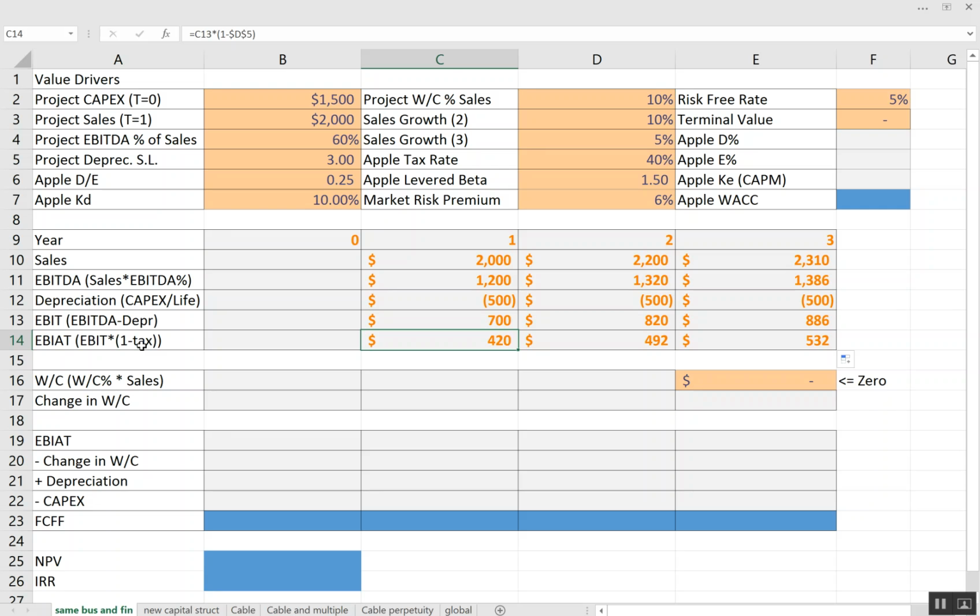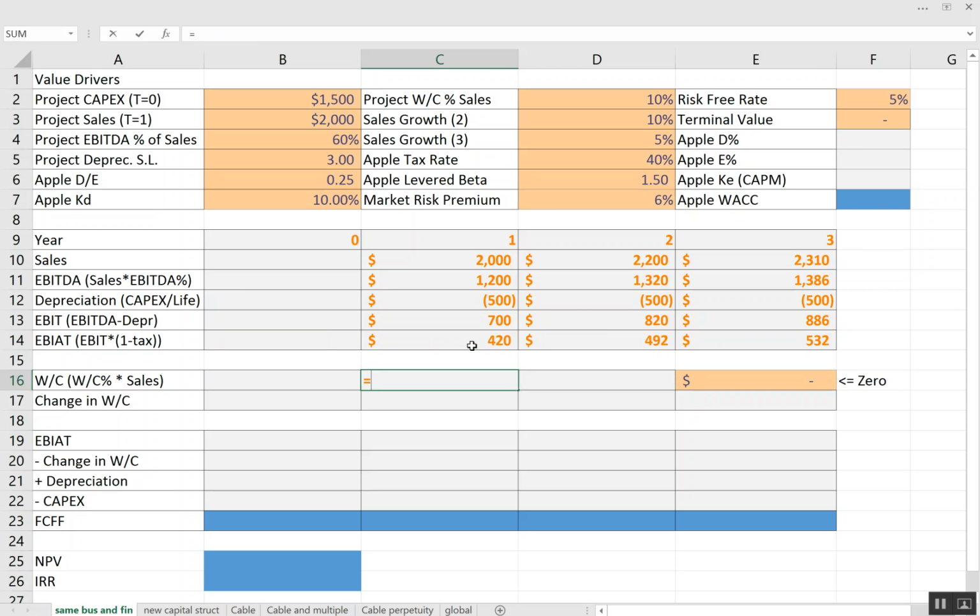However, if this is a firm that has no debt, it would also be the net earnings. Now I do have a D/E ratio that's not 0. So this isn't exactly the net income of the project. It's the net income of the project if the project had no debt. So we'll call it earnings before interest but after tax. We also call those our unlevered profits, the net profits of the firm if it had no debt.